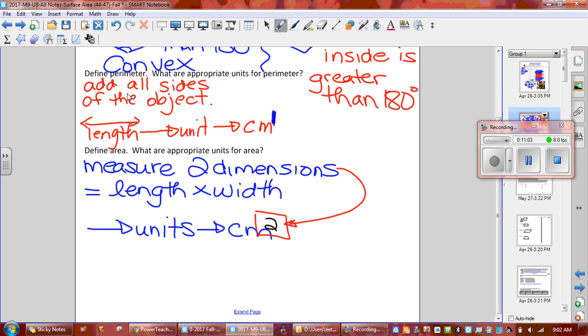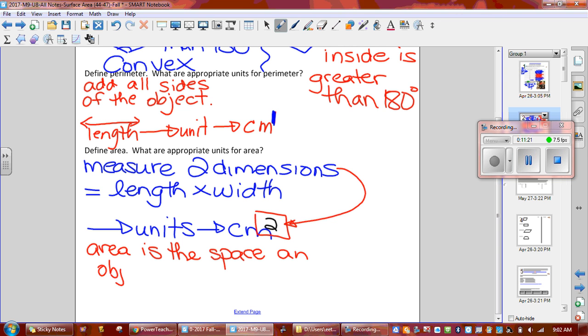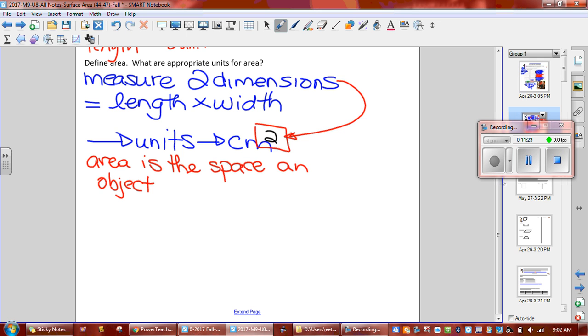So because of that, measuring 2 dimensions for area, area is the space an object covers or takes up. Okay, so if I wanted to know the area of this room, that tells me how much space this room takes up in the whole school. That's what the area is telling me. How much space would it take up? Okay.